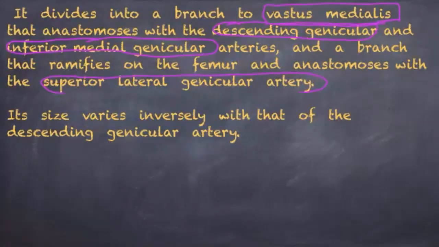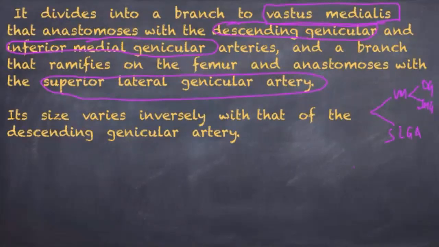Again there is another branch, so two branches: one branch to vastus medialis, which anastomoses with the inferior medial genicular artery and the descending genicular artery of the femoral artery. Another branch ramifies on the femur and anastomoses with the superior lateral genicular artery.